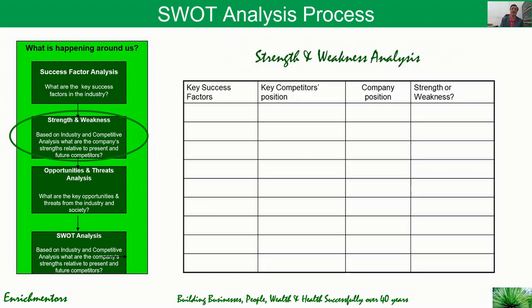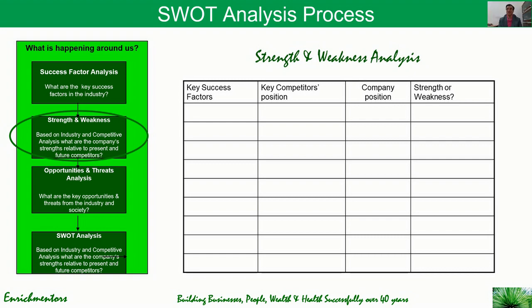a strength and weakness analysis. You list your key success factors in the first column. Then you ask, who are your competitors? In this case, it will be your external competitors. We are not going to talk about the other sales professionals within the company. So who are your main competitors with whom you want to compete and get business? If you have to grow a business, there's a concept of target competitors.